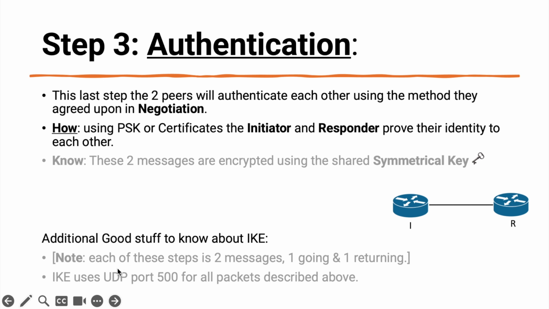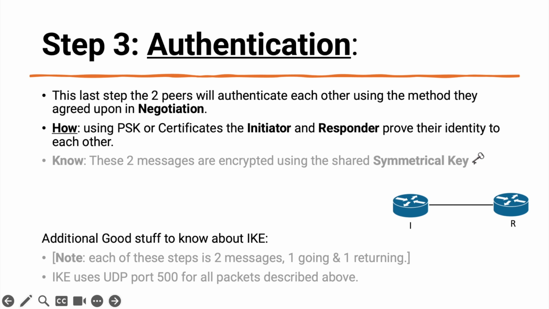Additional good stuff to know is, as I've already explained, IKE uses UDP port 500, but forget about that now. These two messages are encrypted using the shared symmetrical key, obviously, because we've spoken about that also.